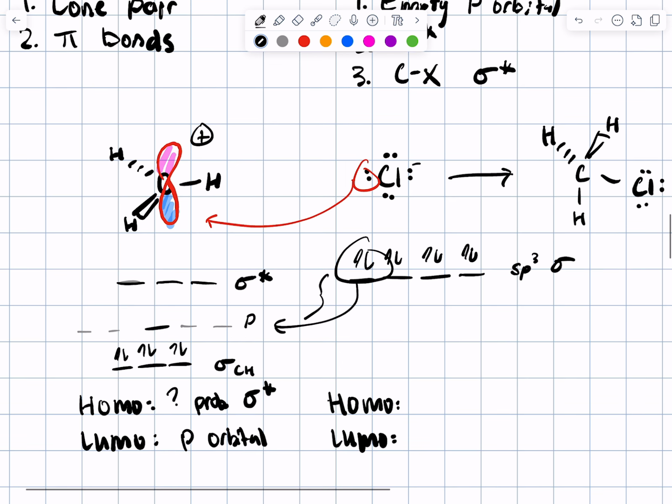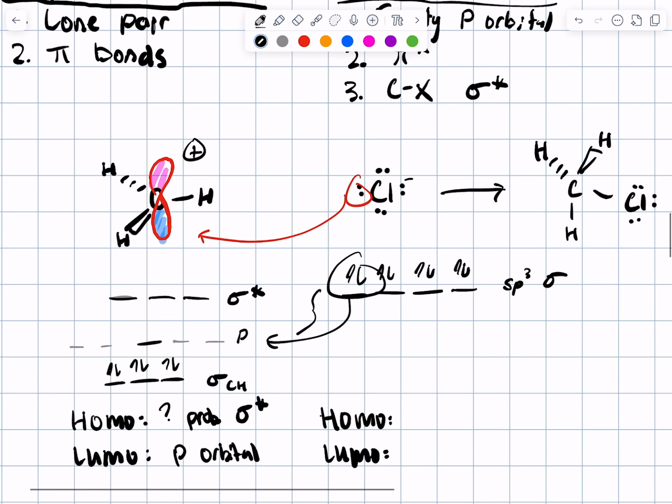Now for the chloride, you don't actually mean sigma star, you mean a sigma bonding orbital. Yes, sorry, I will get that right eventually. So for the chloride, our HOMO is a lone pair sitting inside of an sp3 sigma orbital.